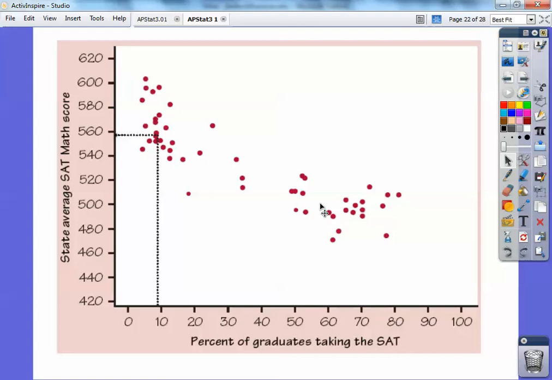So with lower percentages, say New York only had 20% taking the SAT, typically they were their sharpest kids taking the SATs because they wanted to get into schools in California. They didn't have all the kids taking the SATs. California has lots of kids taking the SATs, and many of them aren't even going to college, or maybe they're just going to a community college. They don't need the SAT requirements.